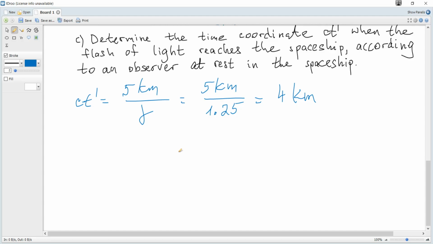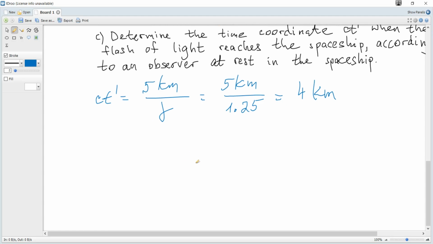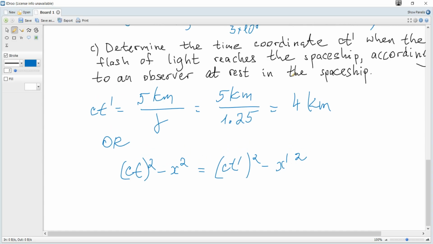Another way is to use that the space-time interval S is invariant, and it's ct squared minus x squared is equal to ct primed squared minus x primed squared. And x primed is its coordinate in the moving reference frame relative to the spaceship, but an observer in the moving reference frame is always at the origin, so it's 0.